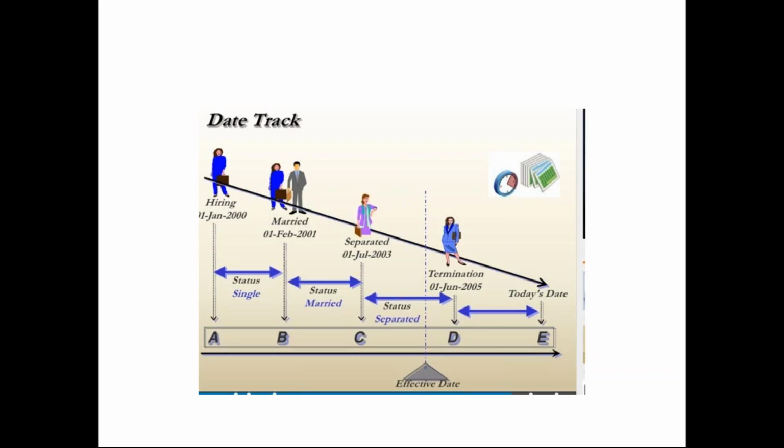We have stages of life: childhood, schooling, college, university, graduation, and then marital status. These are all the family statuses in our life. In the same way, in HRMS, each and every employee has stages.